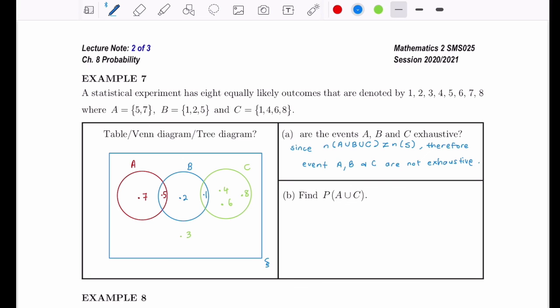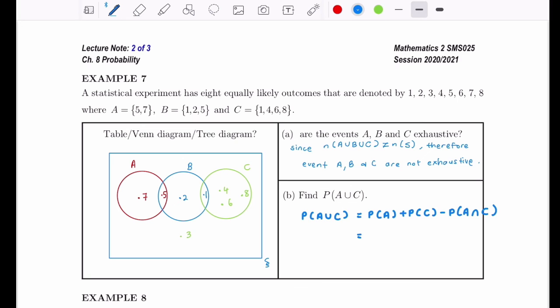Next, we have to find the probability of A union C. When we have P(A union C), according to the formula, it equals P(A) plus probability of C minus probability of A intersect C. So altogether in the sample space, we have 8 numbers.